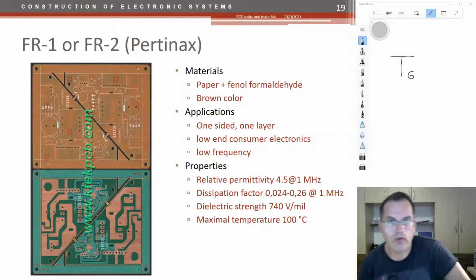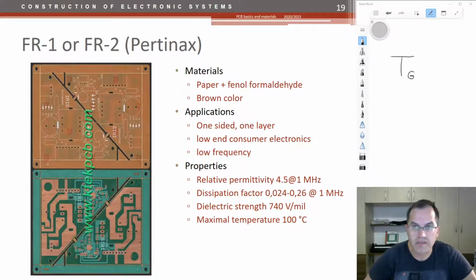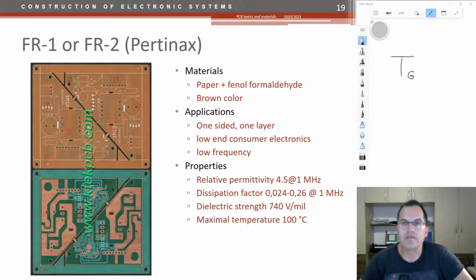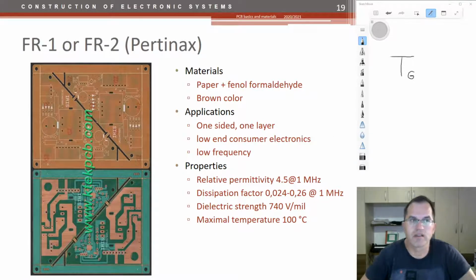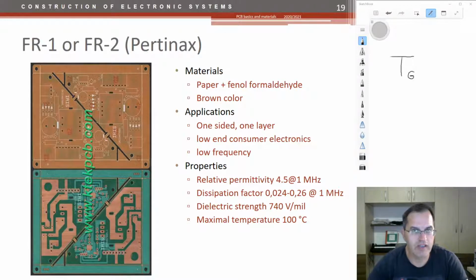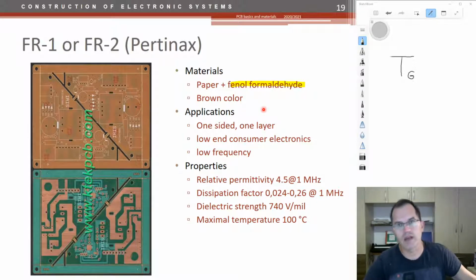FR1 or even FR2 are very similar. The code name is Pertinax, which is actually a trademark name. The material is paper and phenol formaldehyde. As I tell you, it's now quite obsolete, but we can still find these PCBs. How do we distinguish them?